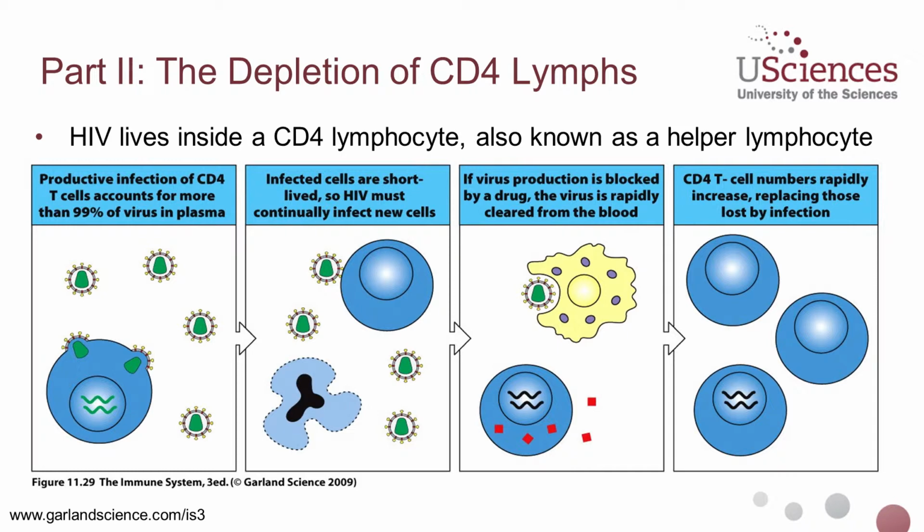So how do the CD4 lymphocytes become depleted as a result of this HIV infection? Certainly it's intuitive that if something is growing inside of the cell and then utilizes that cell to replicate itself and then buds off and essentially uses up that cell, that it would die.